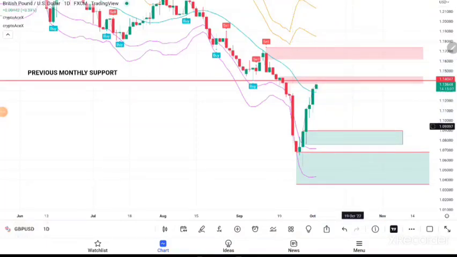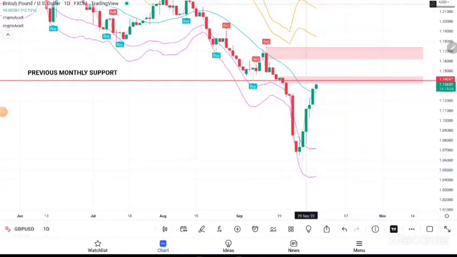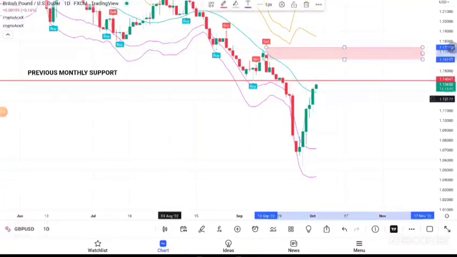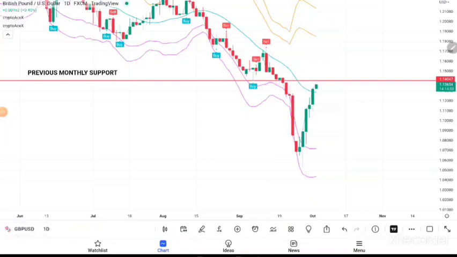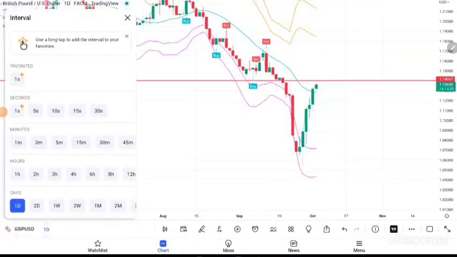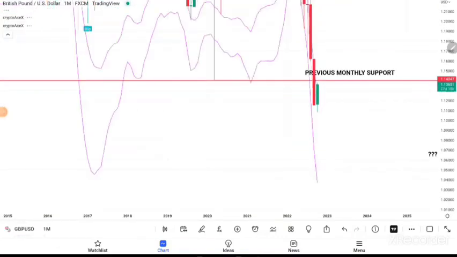Let's get into the actual setup and what I'm looking at. I'll just delete all these boxes here and we'll go through this quickly. We'll keep the writing because it takes too long to write again. So we're going to have a look at the monthly charts here.